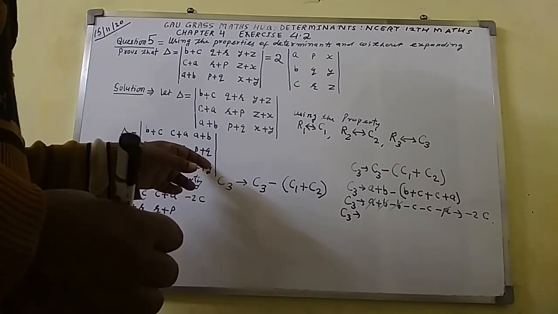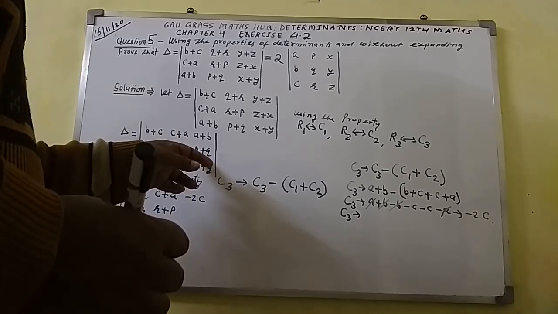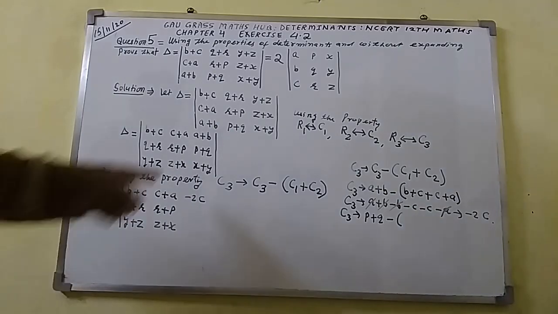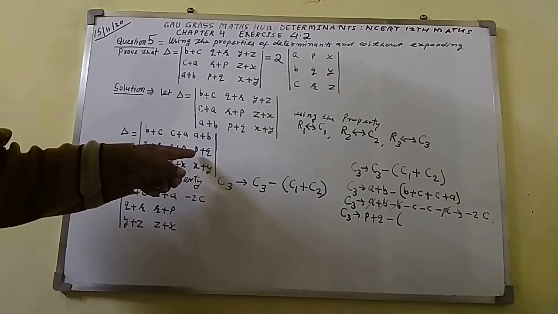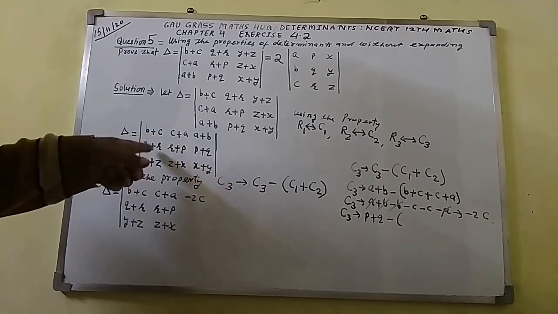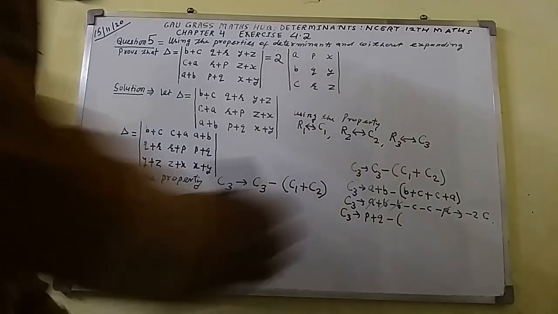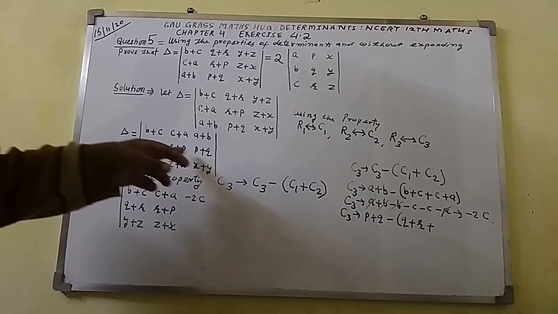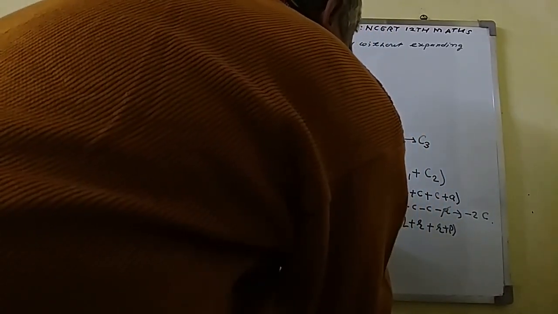For this element, if I take the element of C3 as P plus Q, write here P plus Q. Minus, in bracket I shall write the corresponding element of P plus Q in the first column, which will be Q plus R. So here write Q plus R, plus the corresponding element of P plus Q in the second column will be R plus P. So here write R plus P. Just expand this one, you will get here P plus Q minus Q minus R minus R minus P plus Q minus Q.